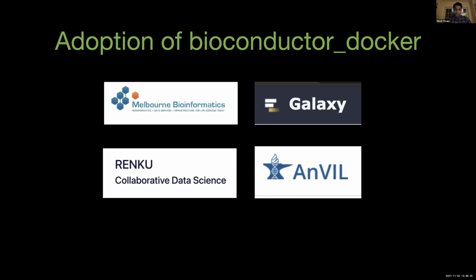The Renku platform in Switzerland, hosted by the Swiss Data Science Center, also uses these images. And Anvil, more recently, which is a consortium formed in the US, I'll talk a little bit more about Anvil later on in my talk, also uses these images. All of them have used the Bioconductor Docker image as a base image and built on top of it a little bit, so it fits their system requirements.